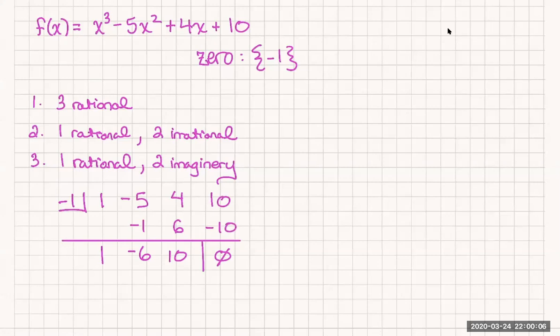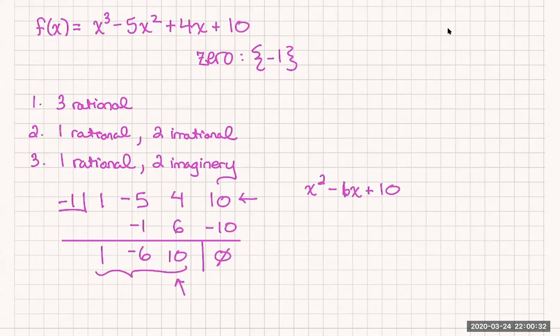I get a 0 for my remainder, which I know because the problem already told me that this is a known zero for this polynomial. Now, what is this quotient left? Well, since I started off with a cubic, these are the coefficients of my quadratic quotient. So the quadratic quotient is this.